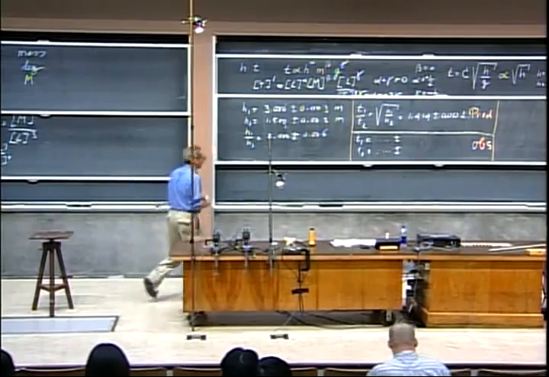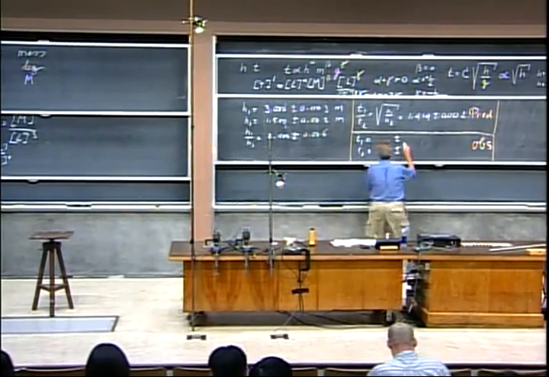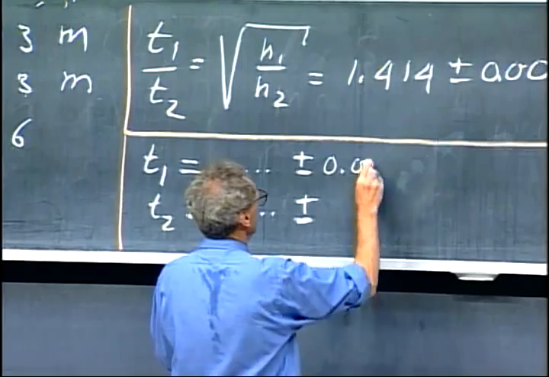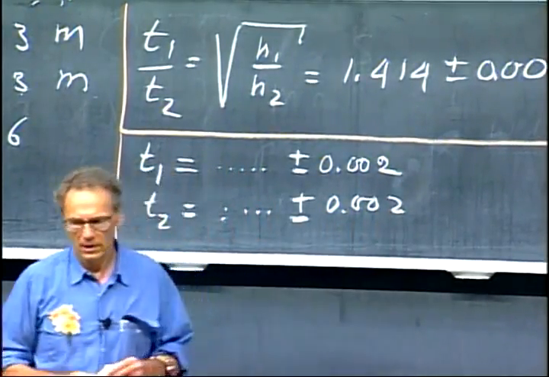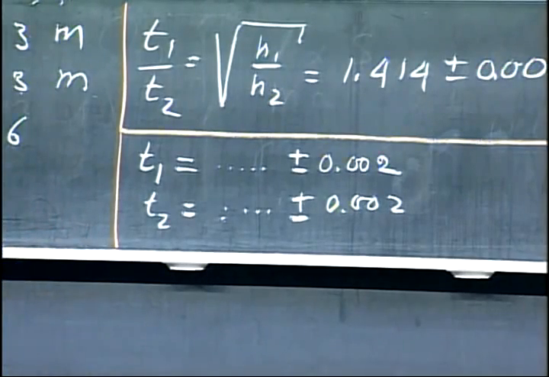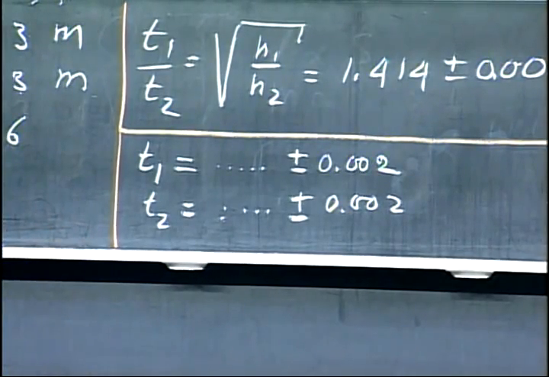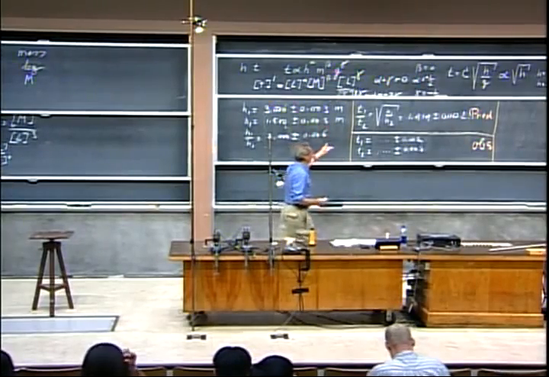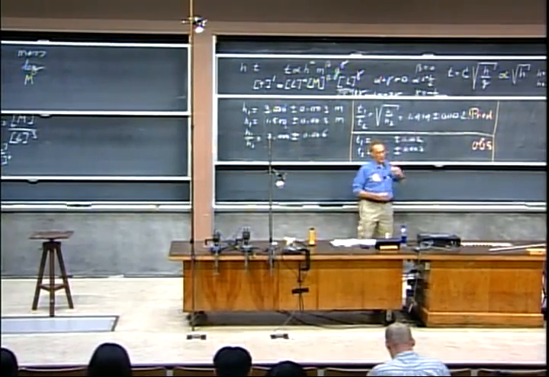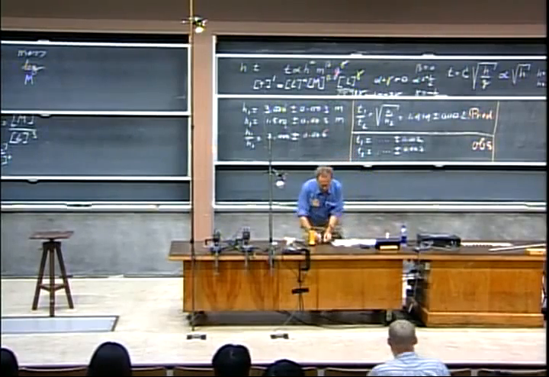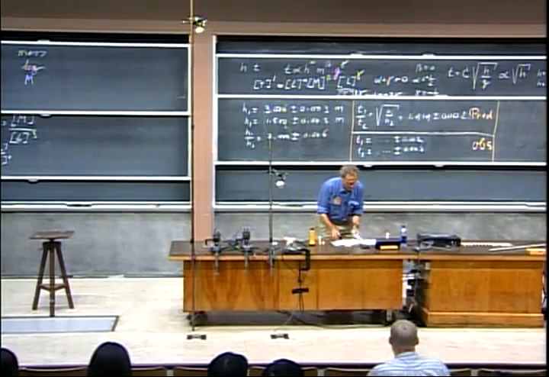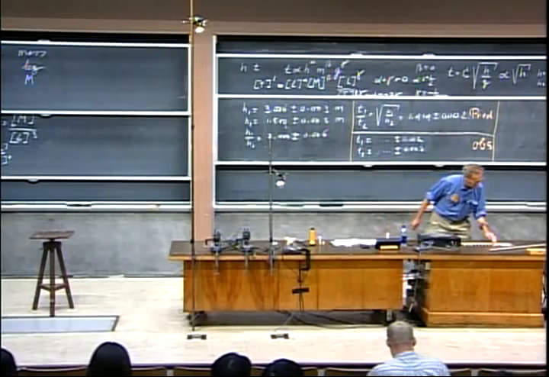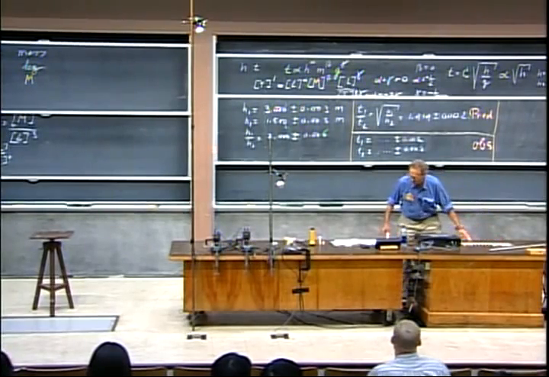So let us be conservative, and let's assume that I can measure this to an accuracy of about 2 milliseconds. That is pretty safe. So now we can measure these times, and then we can take the ratio, and then we can see whether we actually confirm that the time that it takes is proportional to the square root of the height.